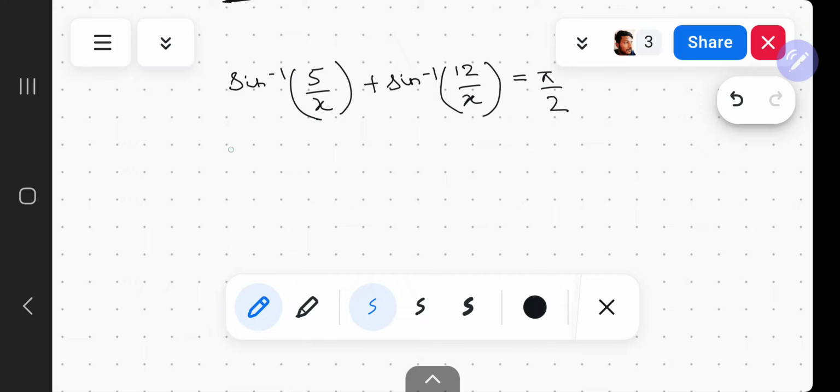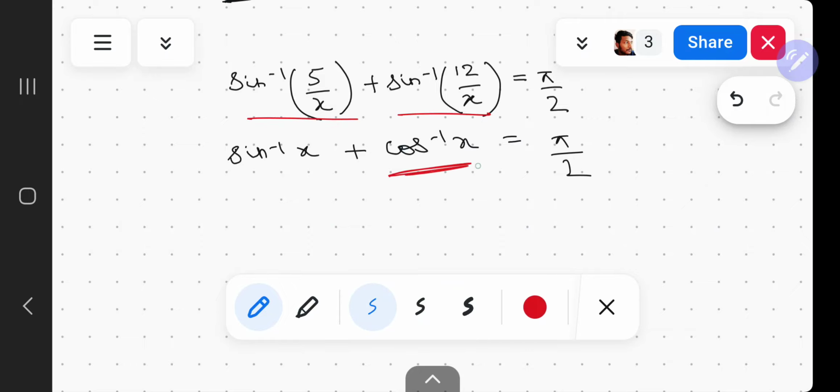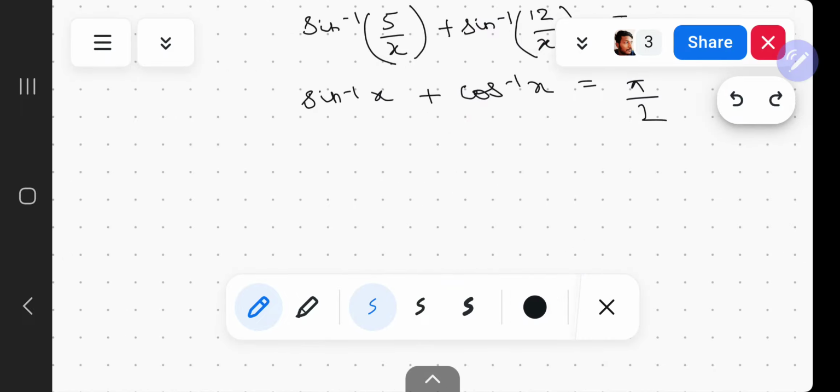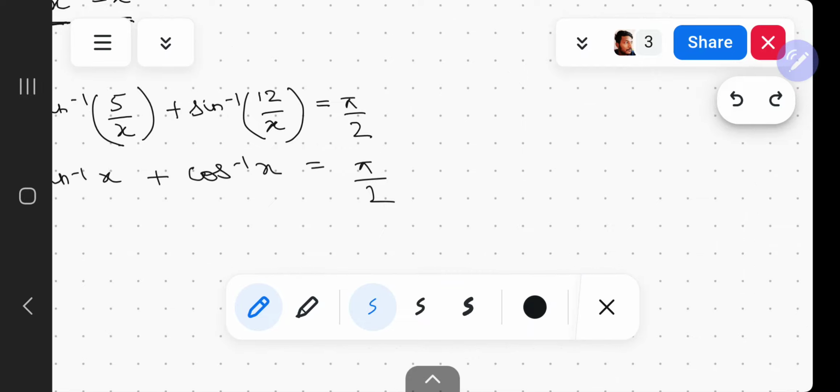So we are going to use the formula sine inverse x plus cos inverse x is equal to pi by 2. So we can see that this is in the form of sine inverse, this is in the form of sine inverse, but here it is in the form of cos inverse. So this one will convert it into cos. To convert it into cos, we have to draw a triangle.